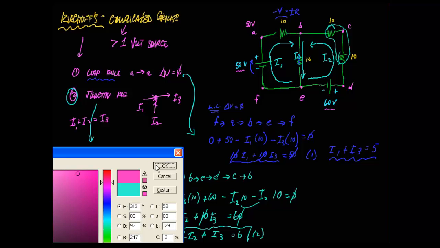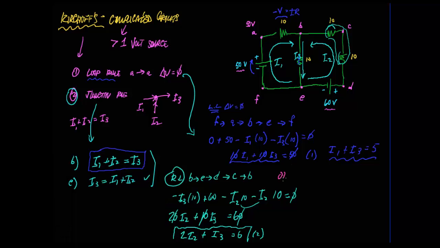I will do the outer loop. That's going all the way around the outside. We'll start with F. We're going to A to B to C to D to E back to F. And I'll try to do this one real quickly. That's going to be a 50 minus I1 times 10 plus I2 times 10.